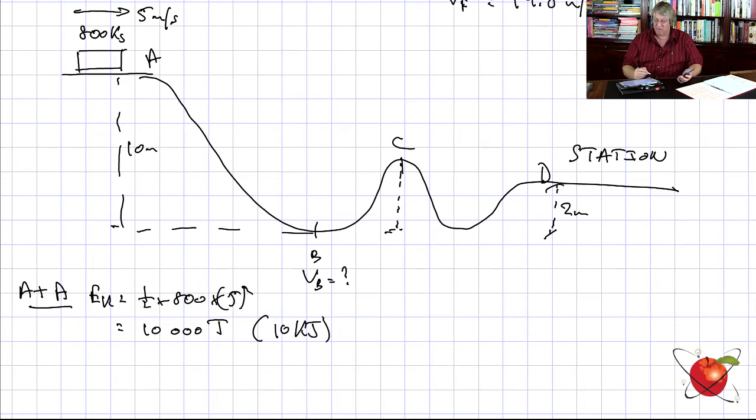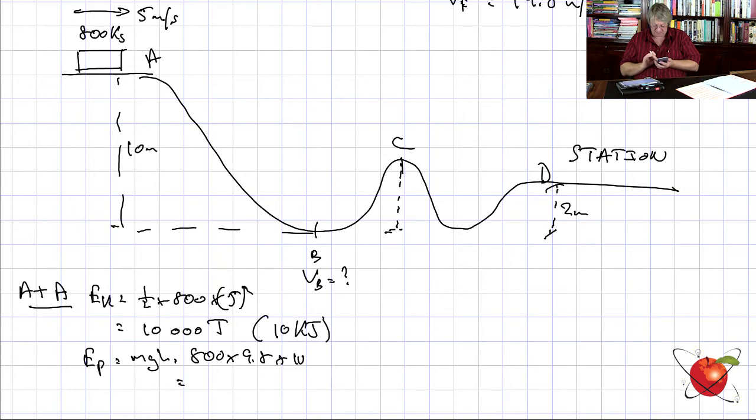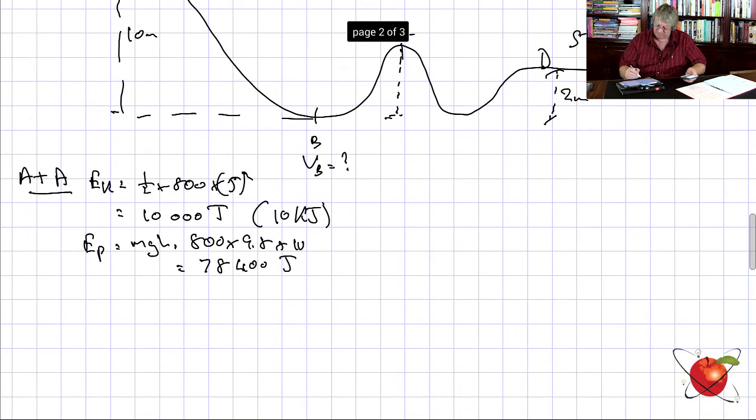Kilojoules, remember? EP is going to be mgh. Mass is 800 times 9.8 times height, 10. 800 times 9.8 times 10 is going to be 78,400 joules.